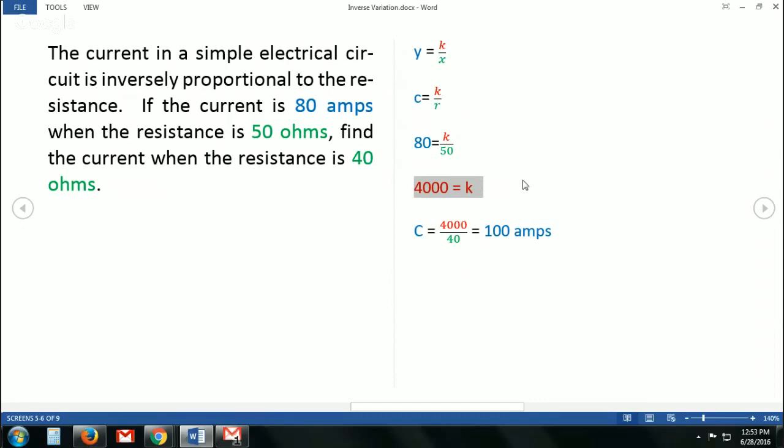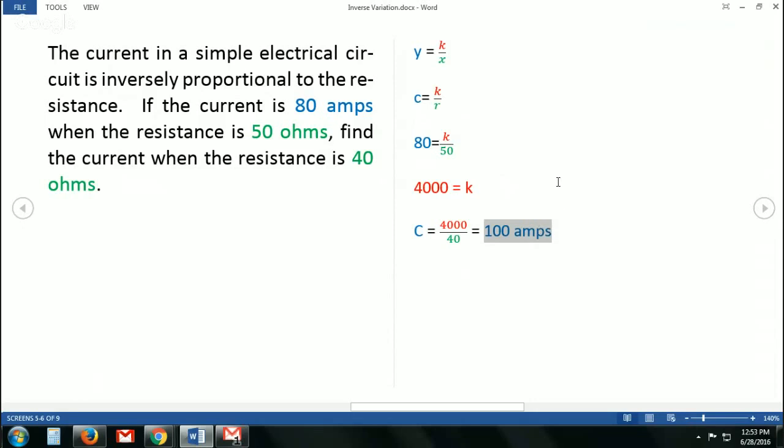Now, if we know that the constant of variation is 4,000, we can find the new current with 40 ohms being the resistance. The current is equal to our constant of variation divided by the resistance that we have, which was 40. 4,000 divided by 40 gives us 100 amps for the current.